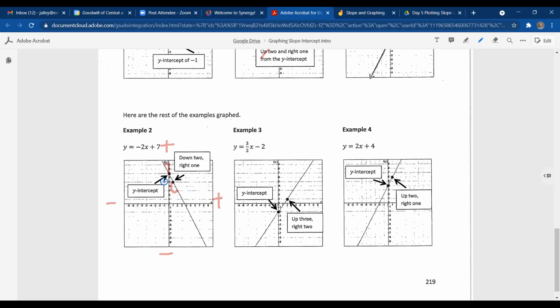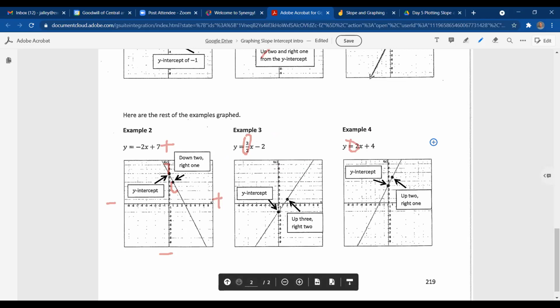So visualizing where they should go might help you with this. And you can see from examples 3 and 4, both of these are positive slope. They're both going to go up and to the right. That's why in my mind, I'm thinking that this one's going this way. The other one's going that way. This one, example 2, is going up to the left, because it's got a negative slope.